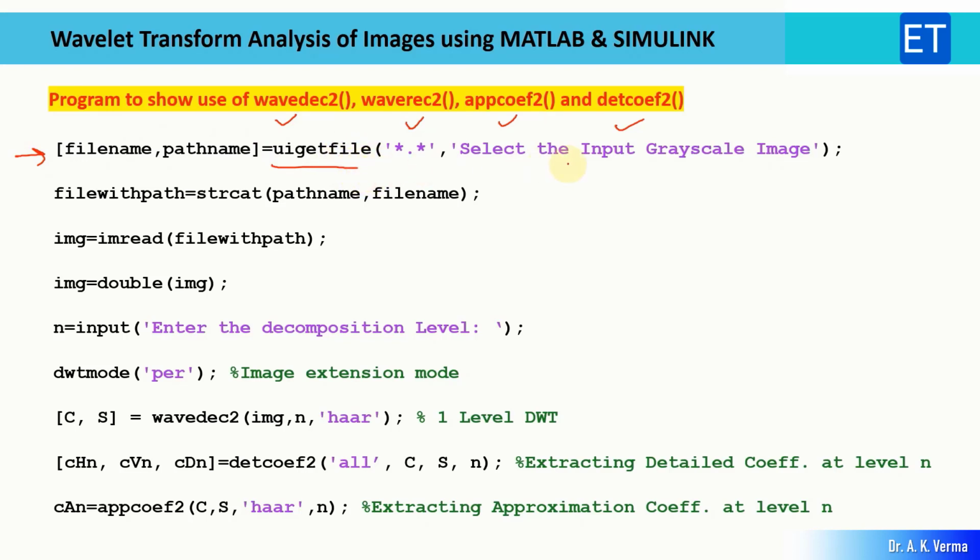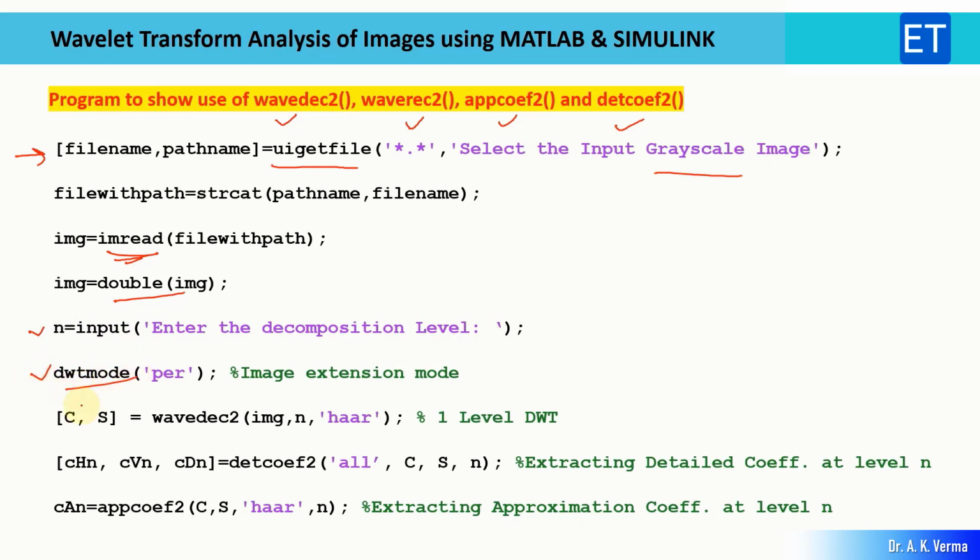So you can choose your grayscale image, and then converting the image into double, you are reading the image here, and then we take the input from the user, to enter the decomposition level. This will be prompted at the command prompt. The user will enter the value of decomposition level, for example let's say n equal to 2. So there will be a 2 level decomposition.